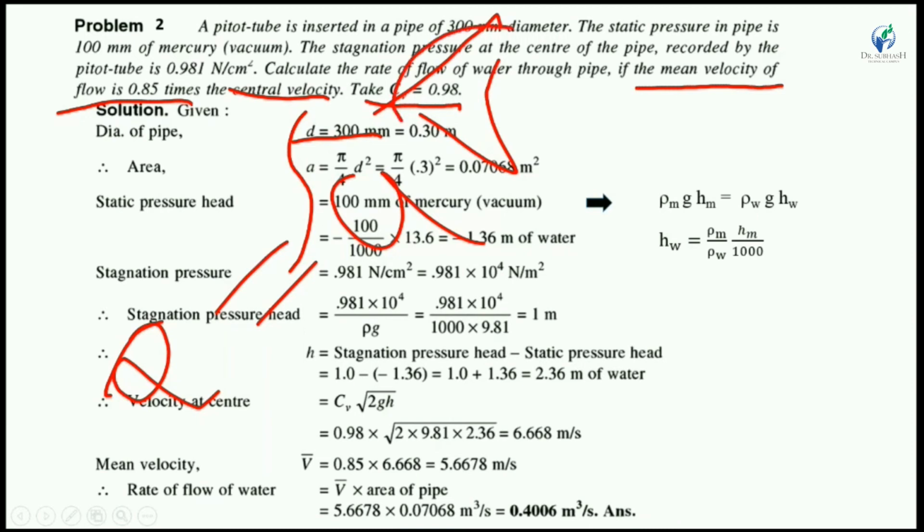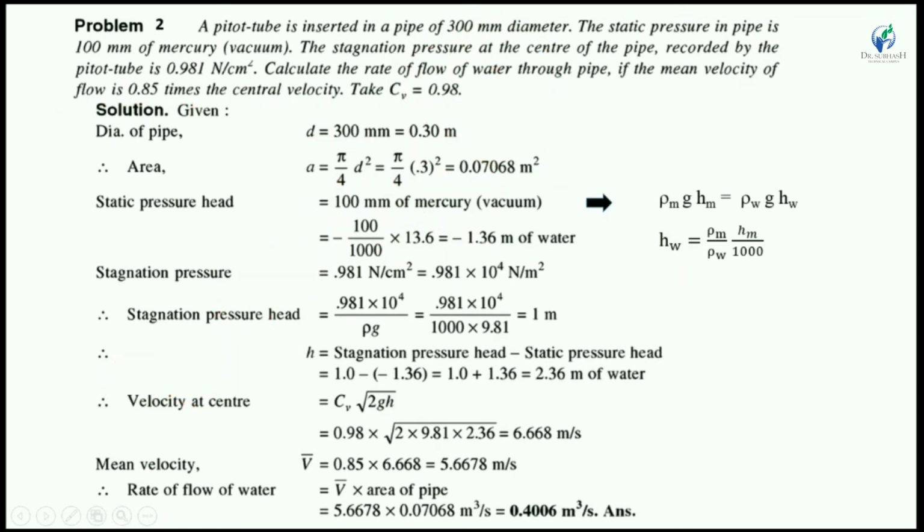So we have to find the mean velocity, and the mean velocity depends on the center velocity, and the center velocity we find from the equation of the Pitot tube. So first of all, we have to find the value of small h, the dynamic pressure head.